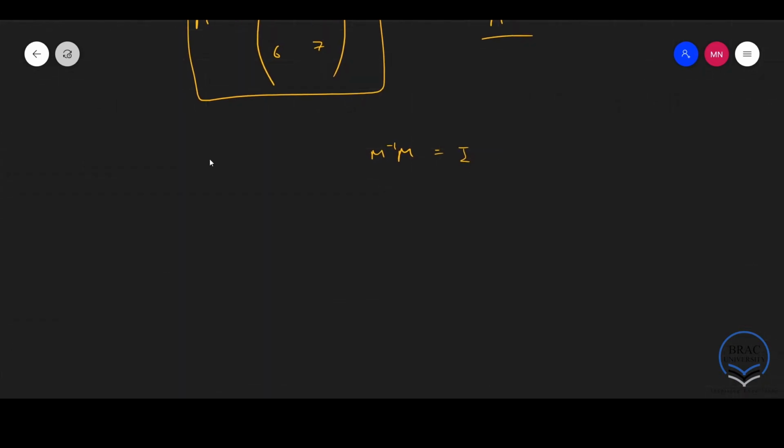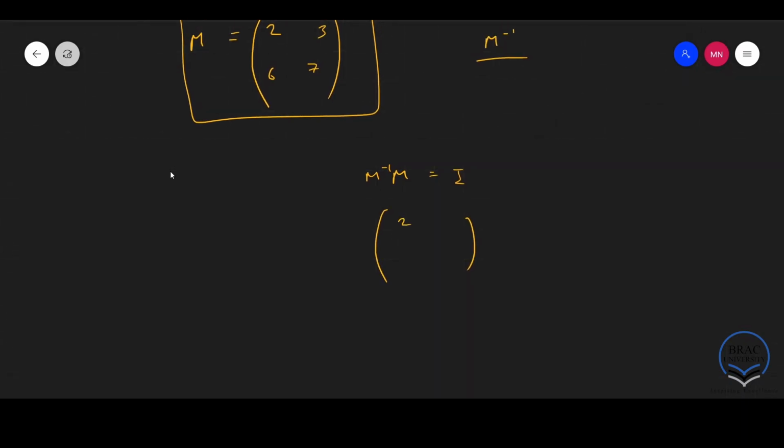I have the matrix M. So the matrix M is 2, 3, 6, 7. Let's say the inverse matrix in general has these entries. So this is M inverse. And if I multiply these two matrices, I will just get the 2 by 2 identity matrix, and this is equal to I.